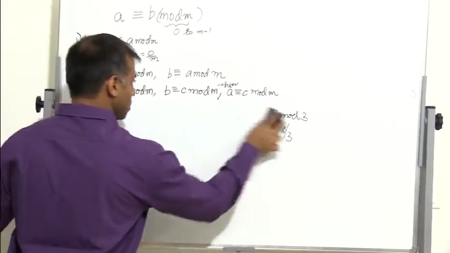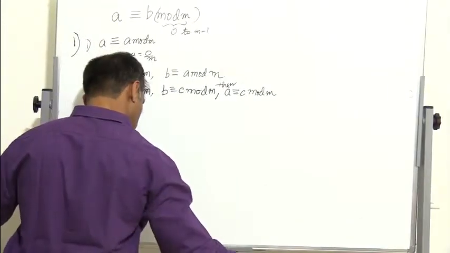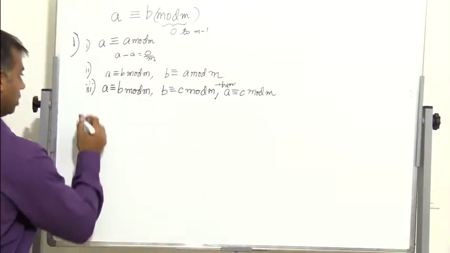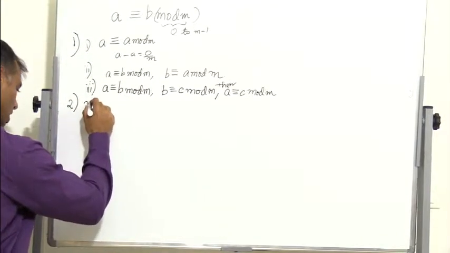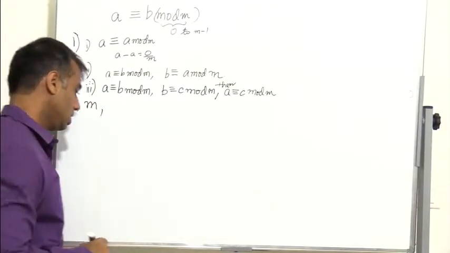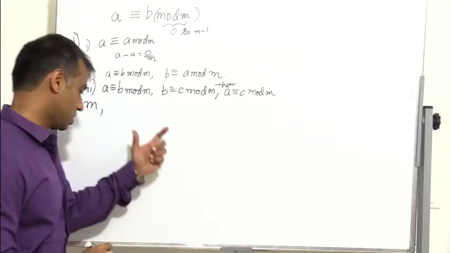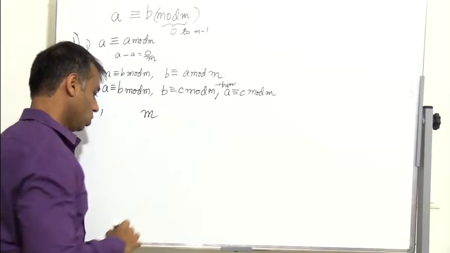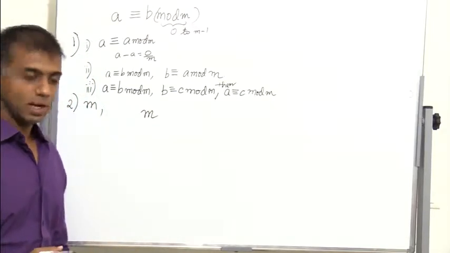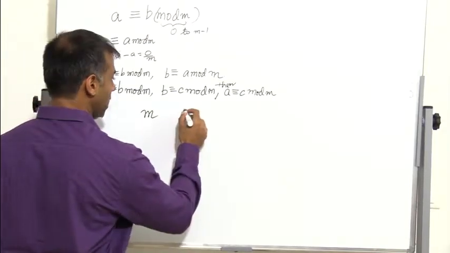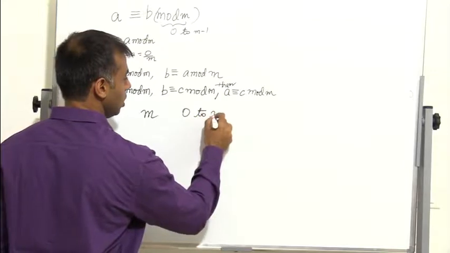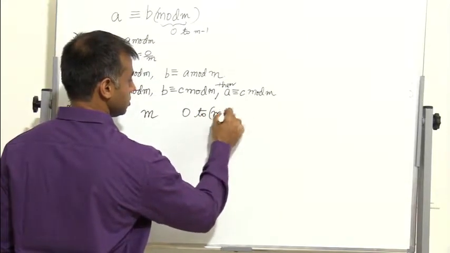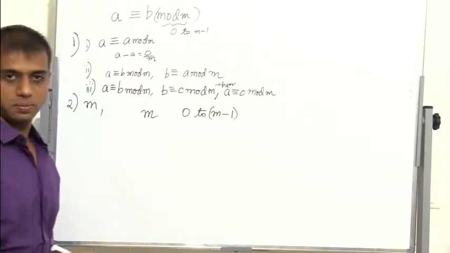Now what does the second property state? The second property states that for a fixed value M, each equivalence class with respect to congruence modulo M has one and only one representative value between 0 to M minus 1.